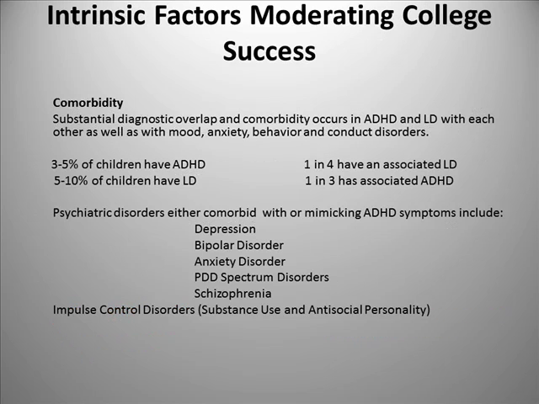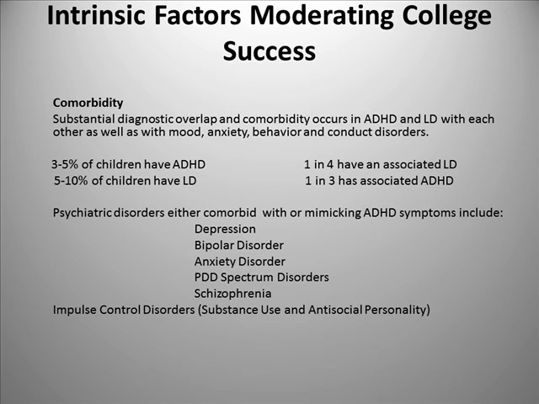Now, what are the factors that tend to limit academic success of LD students? A big factor is comorbidity, and that's why we're going to be focusing heavily on reading and ADHD. They frequently coexist. Of the 3 to 5% of children that are identified with ADHD, 1 in 4 are going to carry a specific learning disorder diagnosis. Now, what I'm differentiating here is that ADHD, by definition, is going to have associated with it very significant academic challenges.